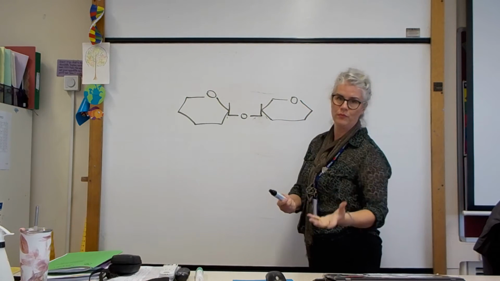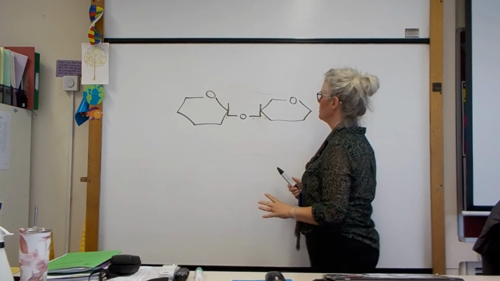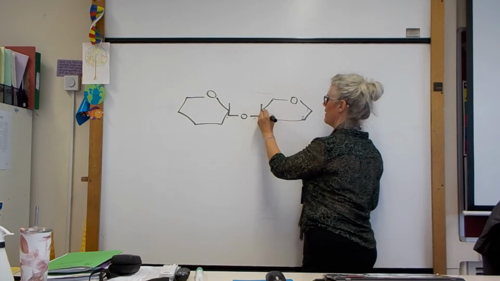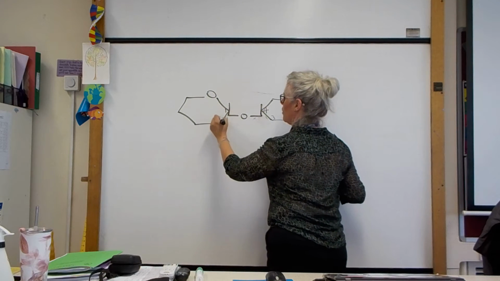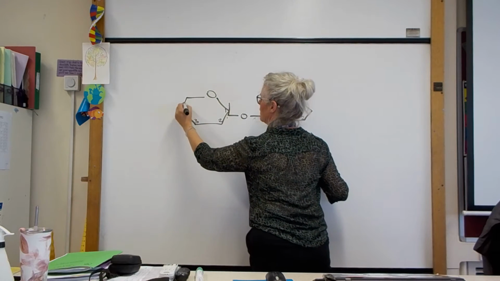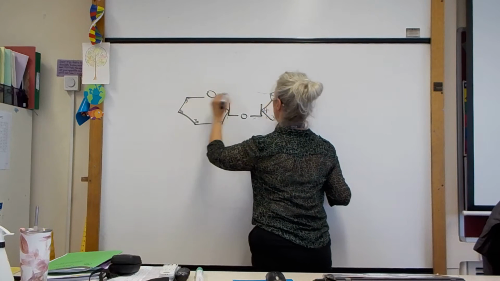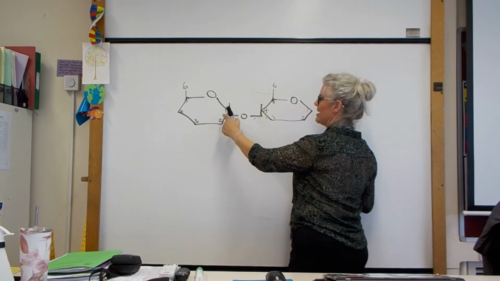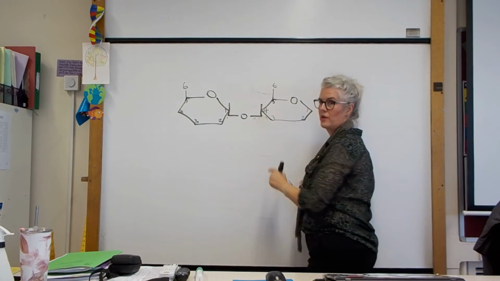And have a look at one of the other videos to have a look at that process. Now, this is carbon 1, 2, 3, 4. 1, 2, 3, 4, 5. You'd have 6 up there somewhere. So that is a 1,4 glycosidic bond.